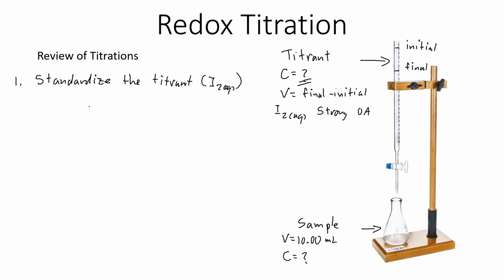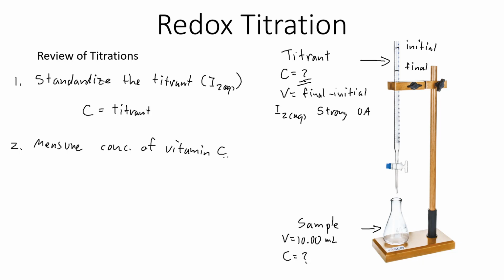Once we found the concentration of our titrant, we're now going to go and do our actual titration. So you actually have to do 2 titrations.